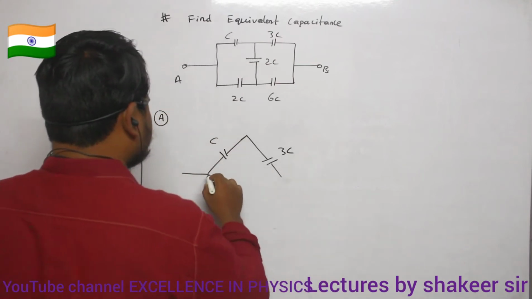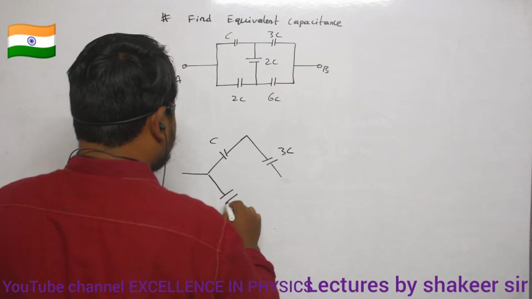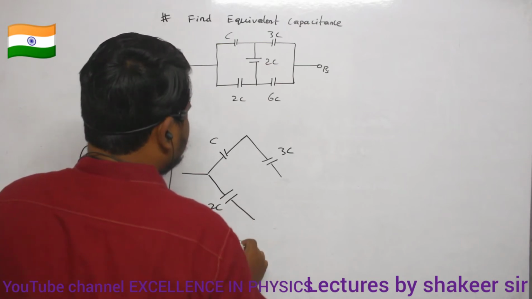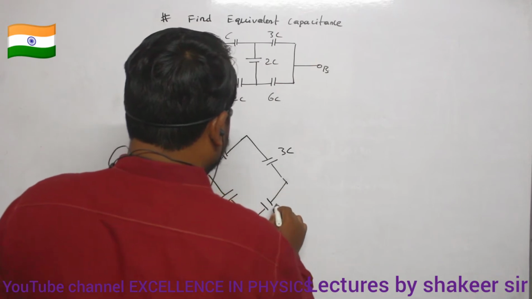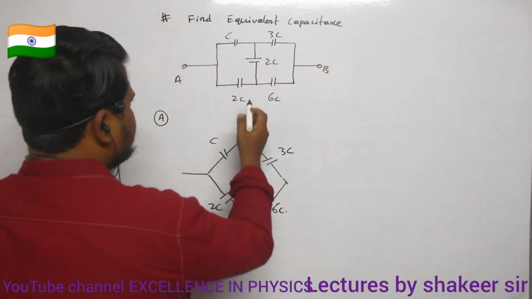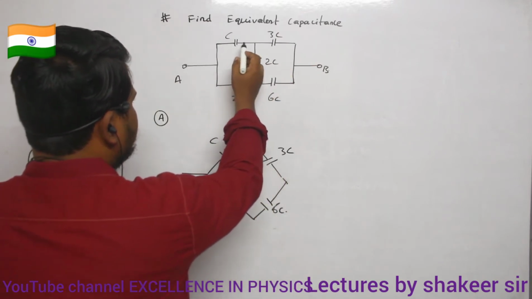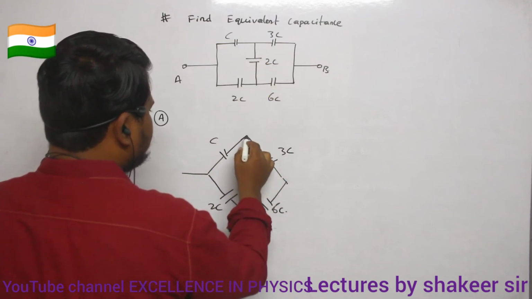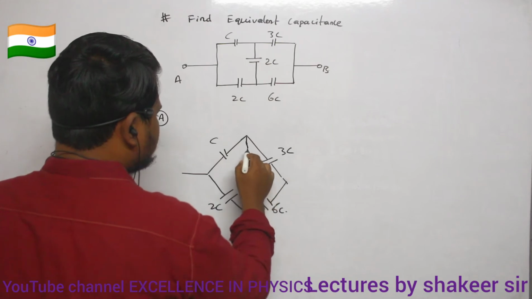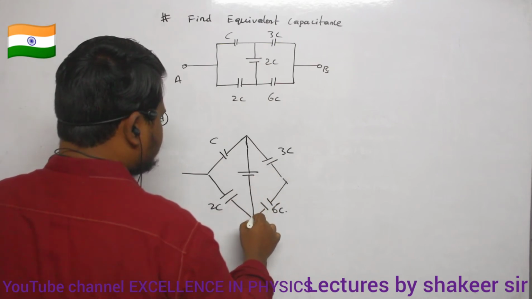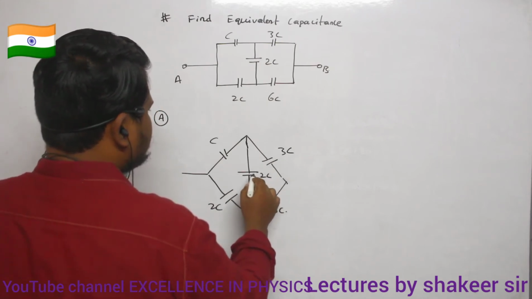This is another capacitor of capacitance 2C. And this is another capacitor of capacitance 6C. And where is this 2C? 2C is present in between C and 3C, it starts from here, and it is in between 2C and 6C. So this is the 2C capacitor.